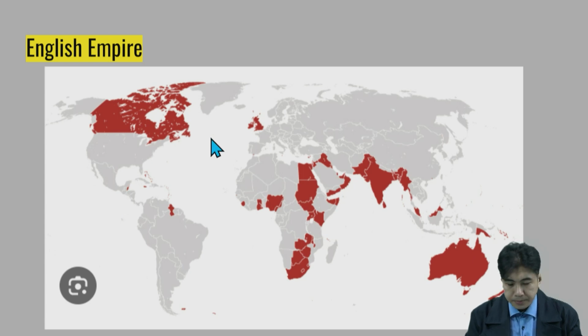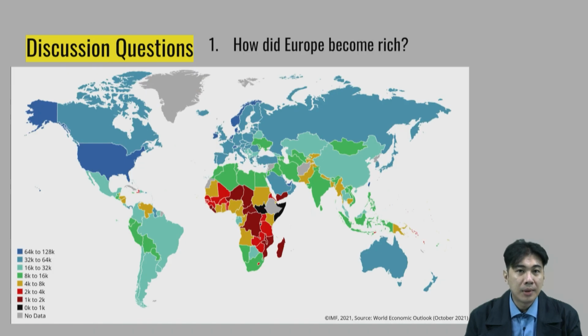And the question is, how did Europe become rich? Or how did England, the UK, become rich? So let's look at how rich they are. Over here is how much money one person makes, or per capita.